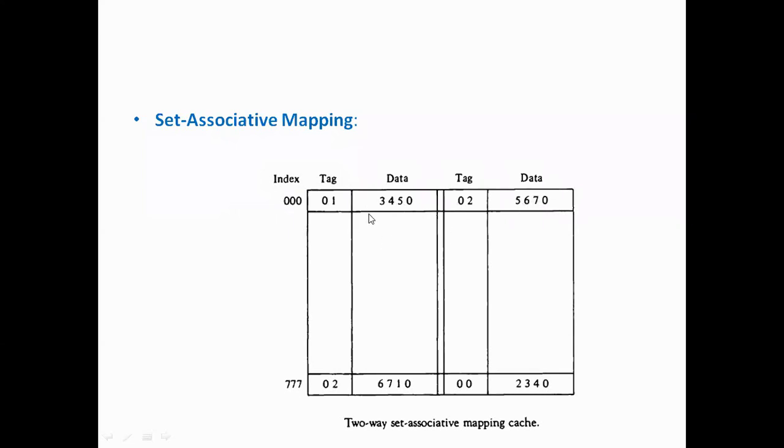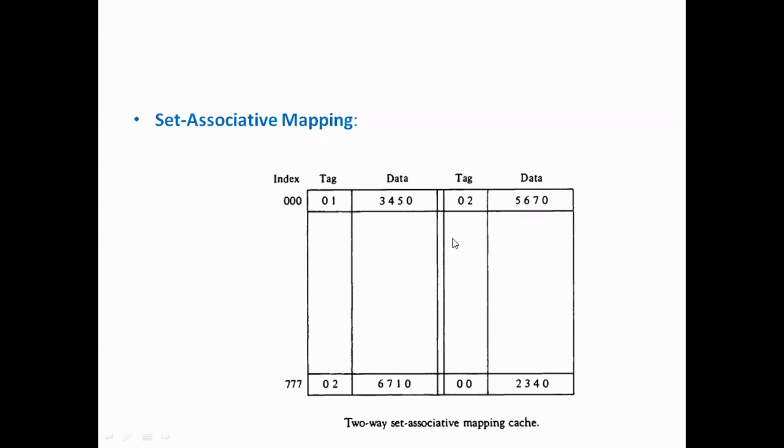Okay, what will happen here? If the CPU produces an address 01000, that can be found here. If the CPU says 02000, that can also be found here. Then if the CPU says 03000, that will not be found here. Then one of these has to be replaced.